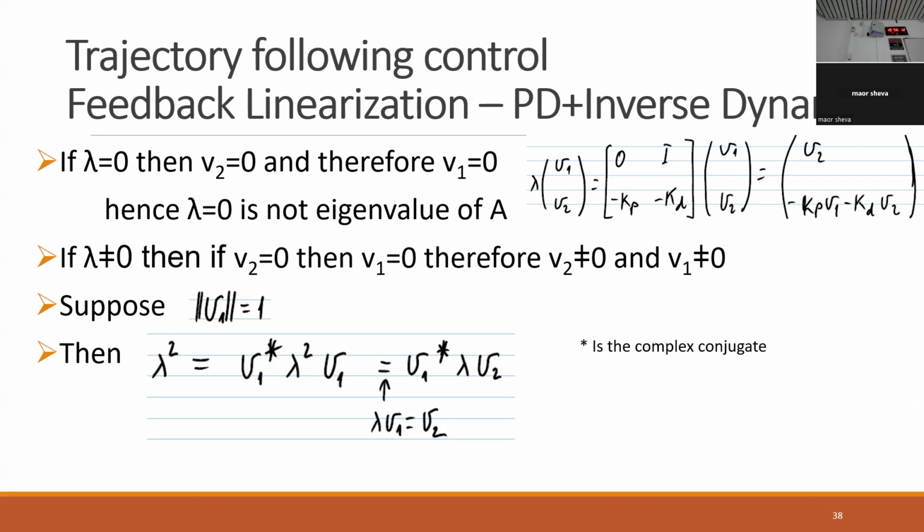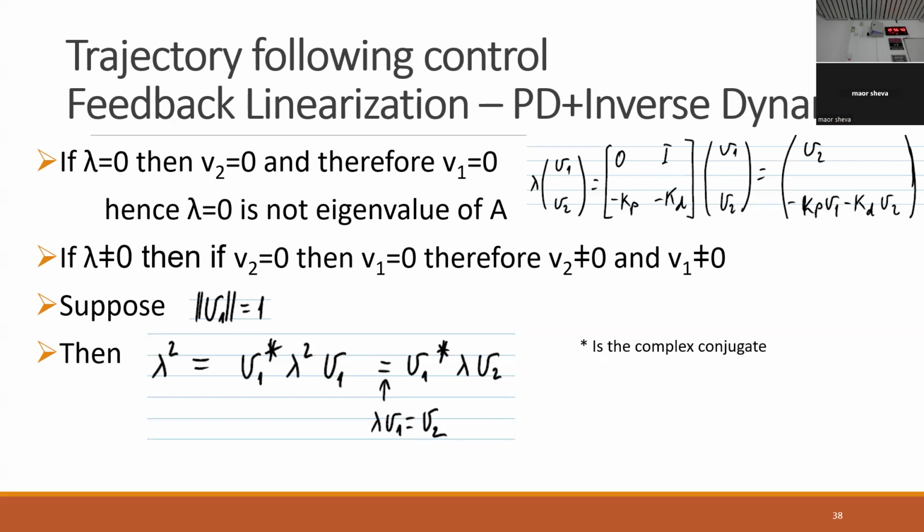Therefore, since lambda is 0, V2 must be 0. And if V2 is 0, then lambda V2 is 0, so V1 must be 0.